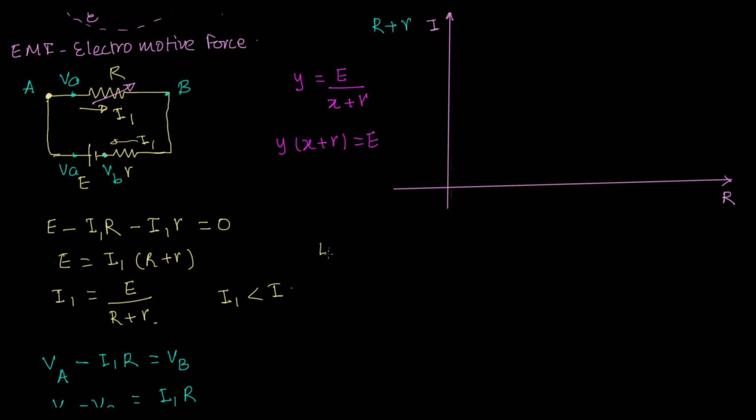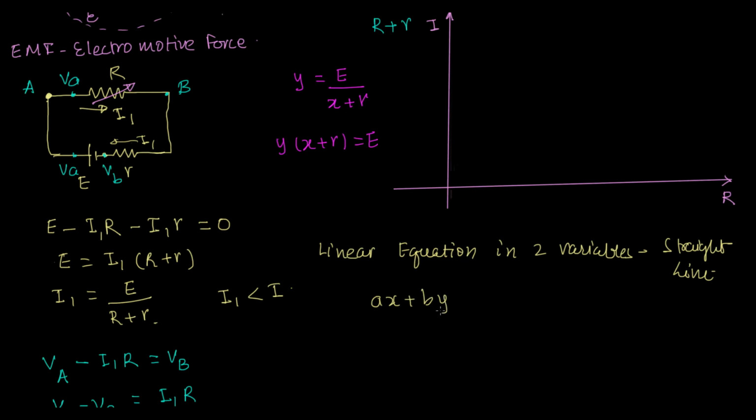Only when it is a linear equation in two variables will it be a straight line. And what do we mean by that? It should be of the format ax plus by plus c is equal to 0. Then only will it be a straight line.